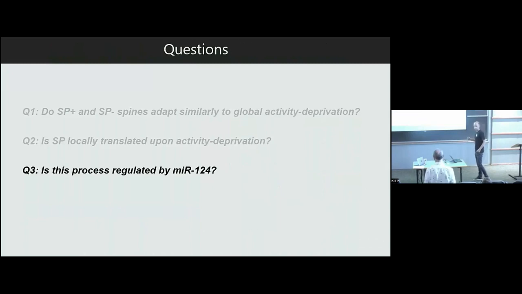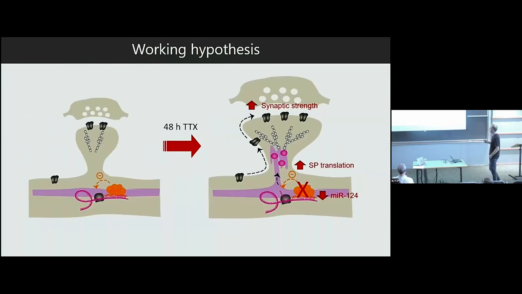Then we wanted to look at whether synaptopodin could be regulated by miR-124, and it's coming to your question, I think. One reason to look at miR-124 is that this microRNA is really enriched in neurons, and it has been associated with both LTP and homeostatic plasticity previously. Our hypothesis at that point was that some synapses in the basal condition are deprived of synaptopodin.